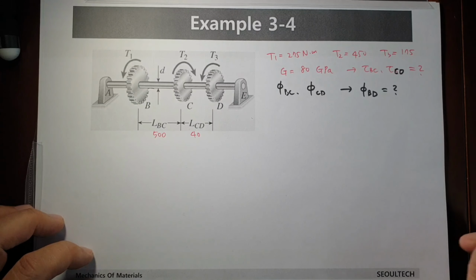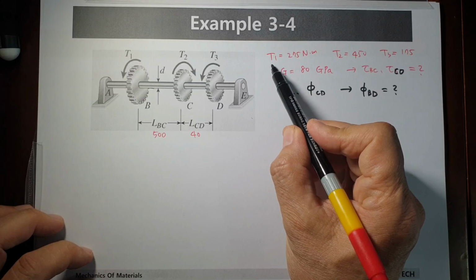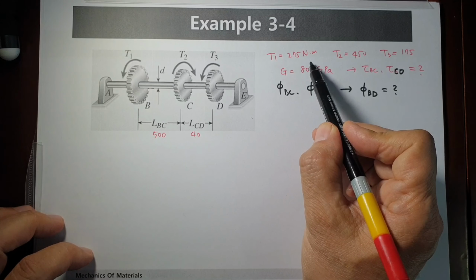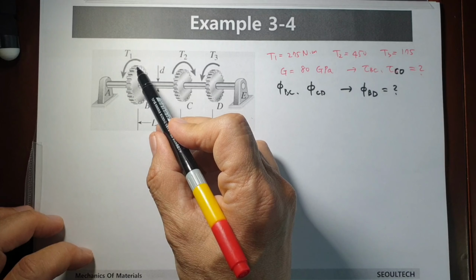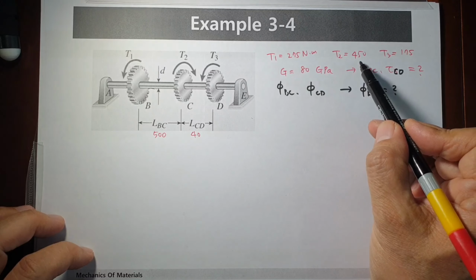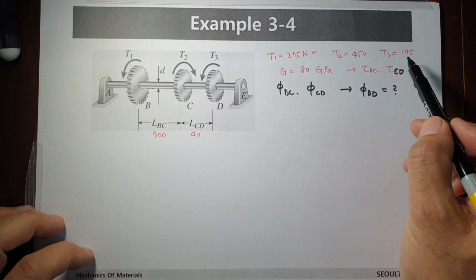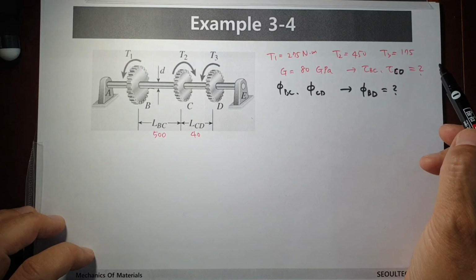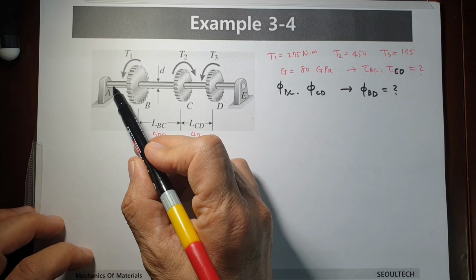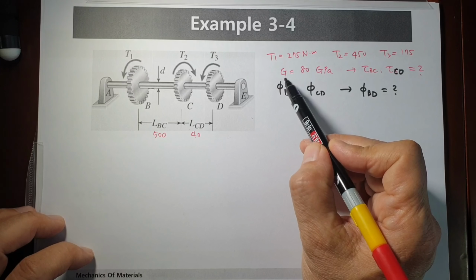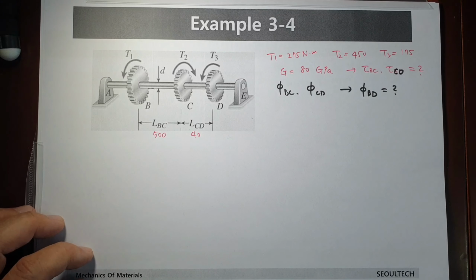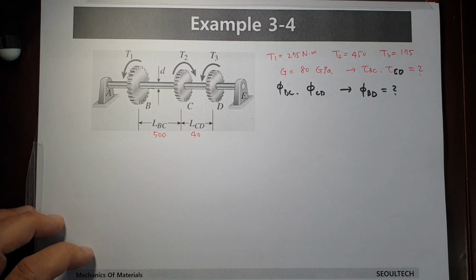Of course, we know the torque T1, T2 450, T3 is given, and the shaft characteristics are also given. The shear modulus of elasticity is 80 gigapascal.